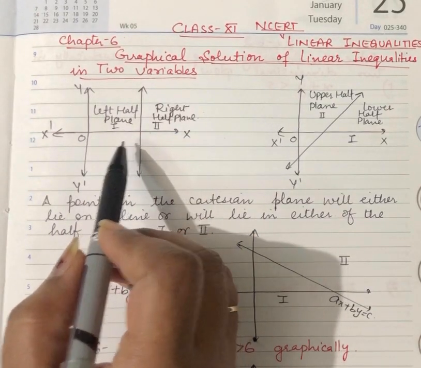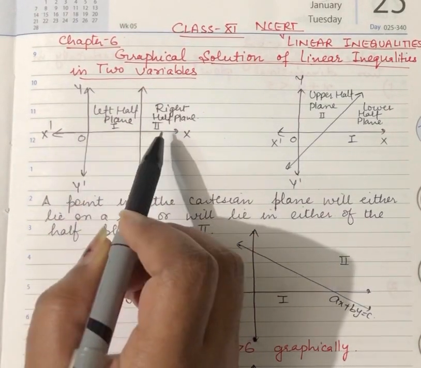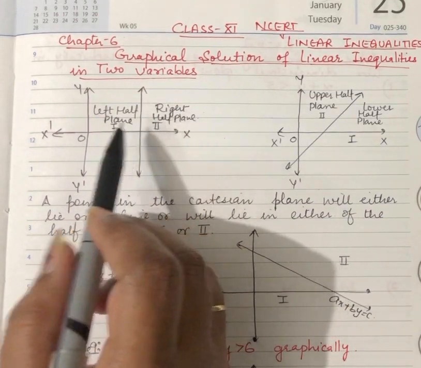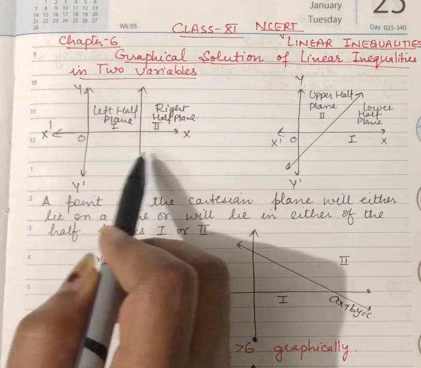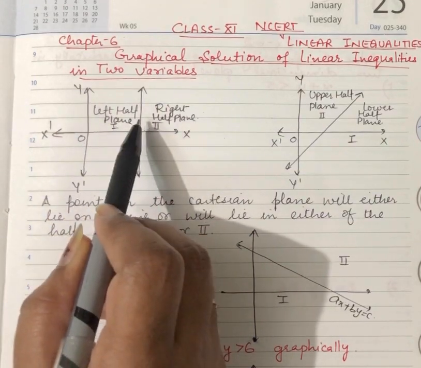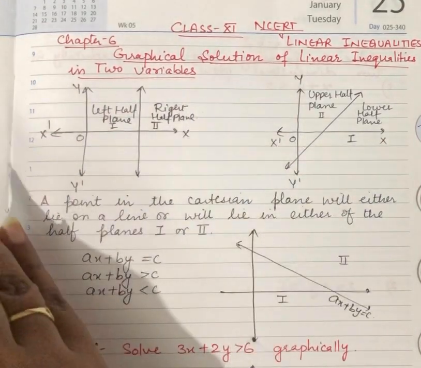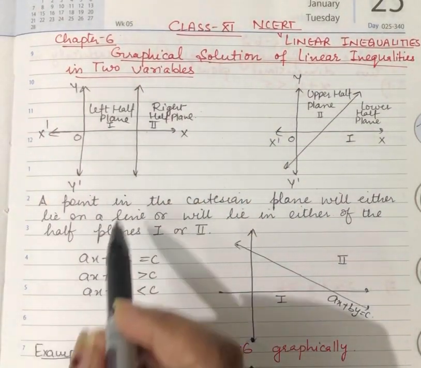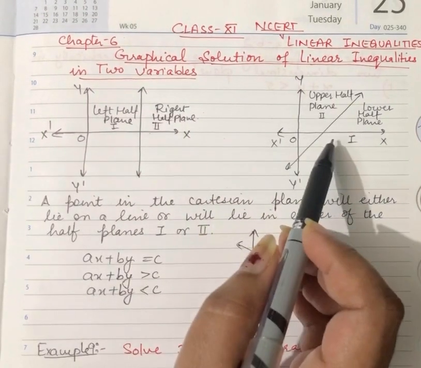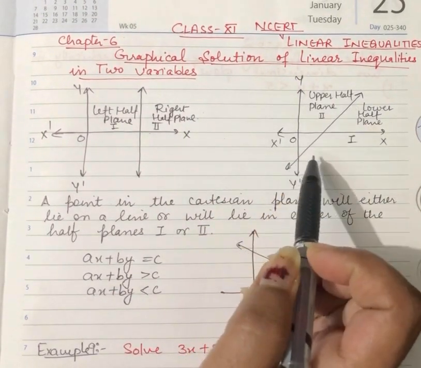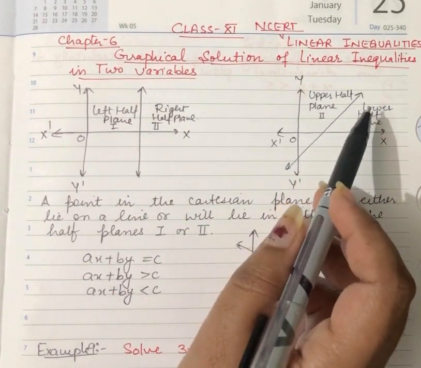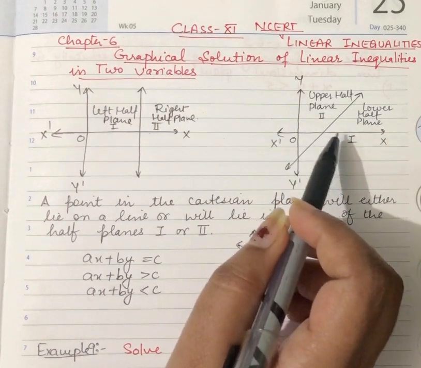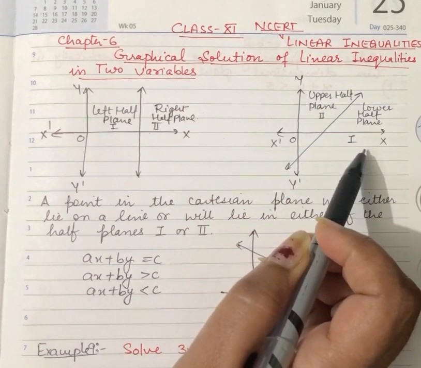Now here we will see that if we draw a straight line, a vertical line, it divides the Cartesian plane in two half planes, the left half plane, the left hand region, and the right hand region, which is called the right half plane. Similarly, if it is not a vertical line, like this slanting line, it also divides the Cartesian plane in two regions, upper half plane and lower half plane.